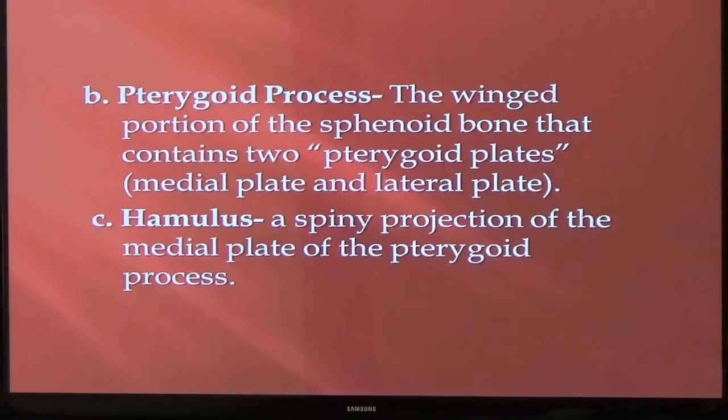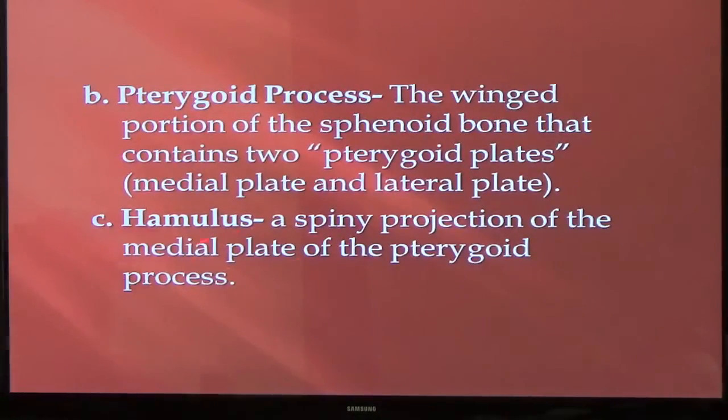A process, and you'll hear this word also a lot, is basically an extension. Okay, so if I'm the main part of the bone, I've got a process, or my arms would be processes, and it's basically an extension of me.